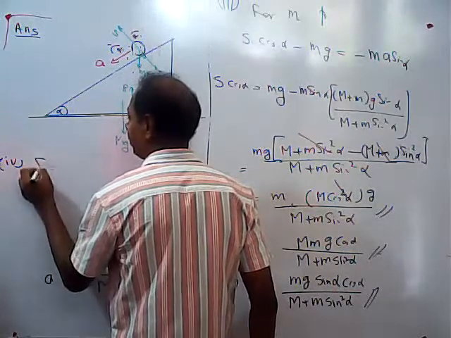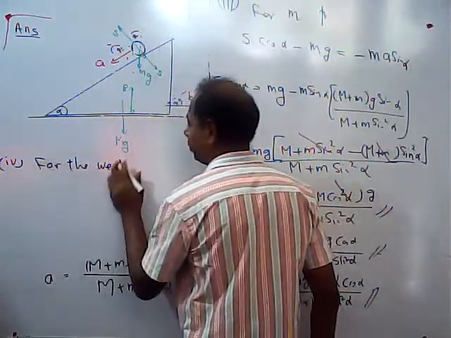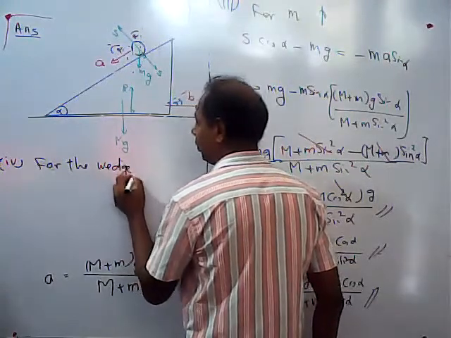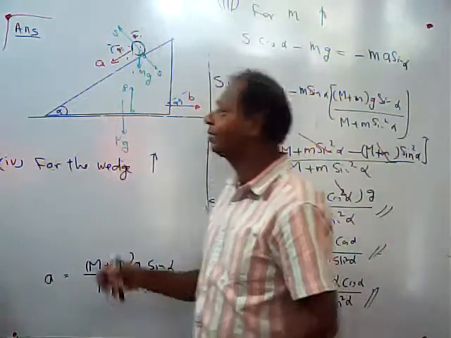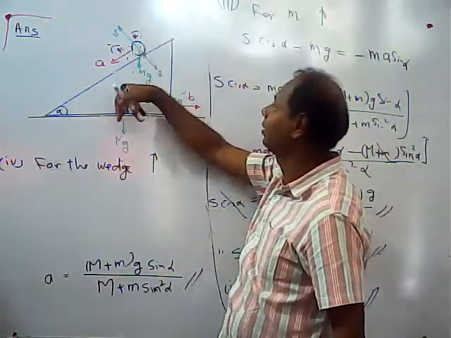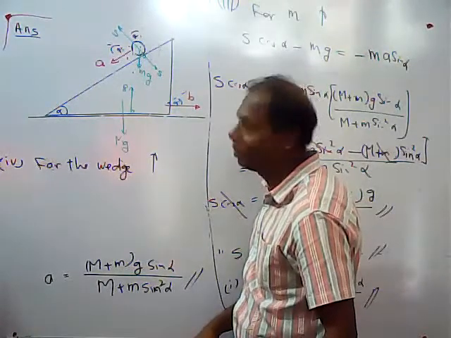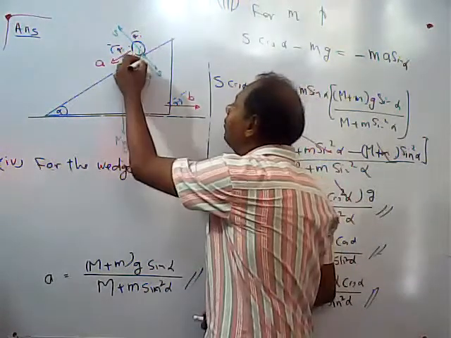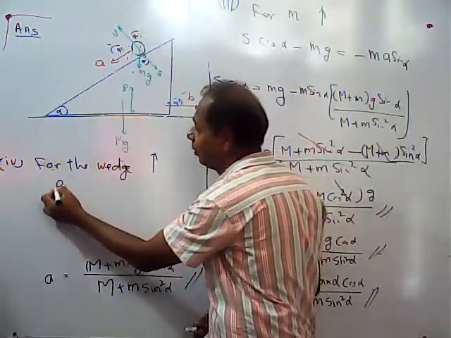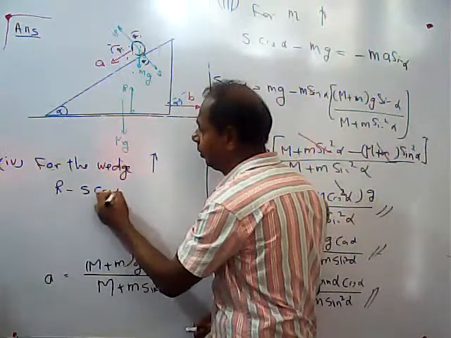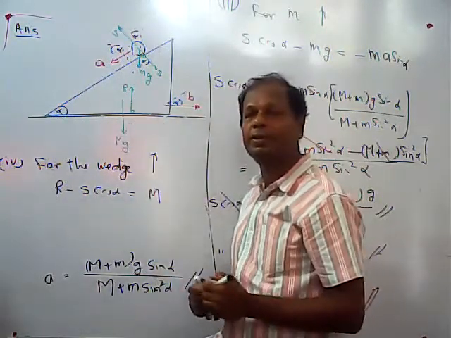For the wedge, applying vertically, the forces are R minus S cos alpha. This is alpha. Yeah. R minus S cos alpha equals M times the acceleration of the wedge vertically.